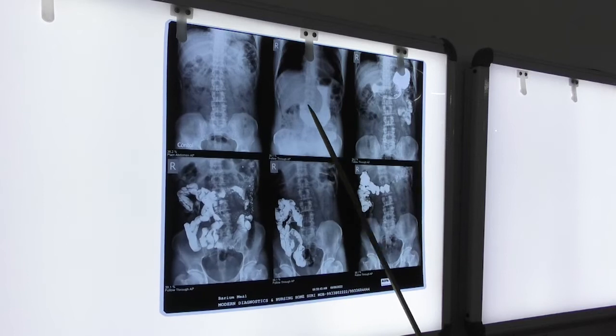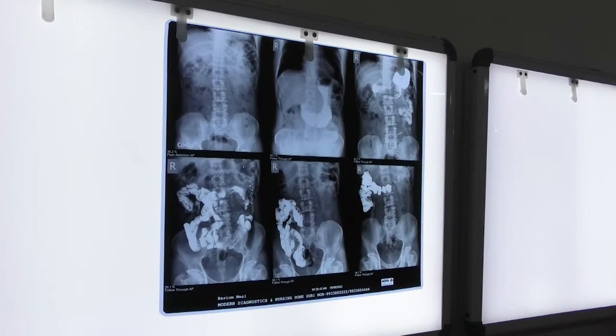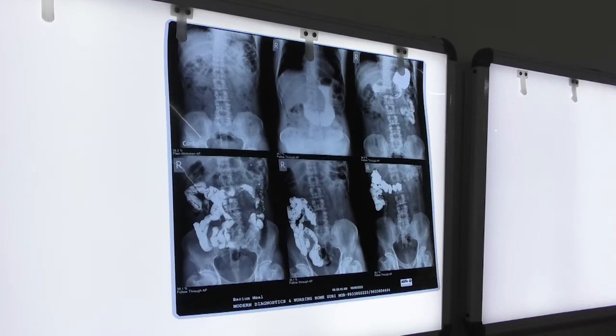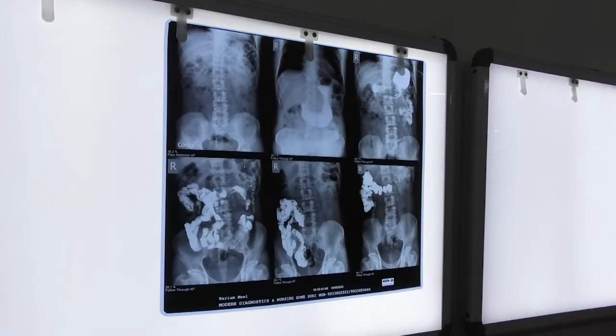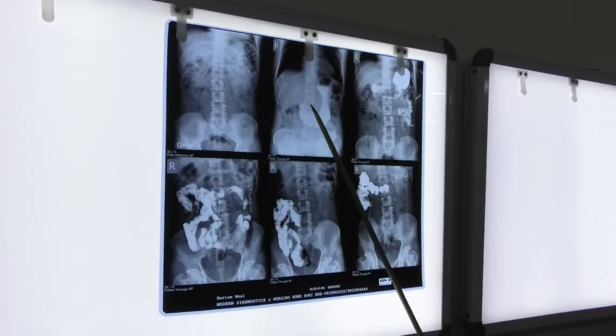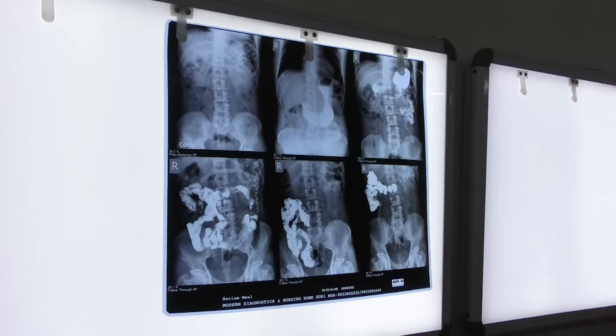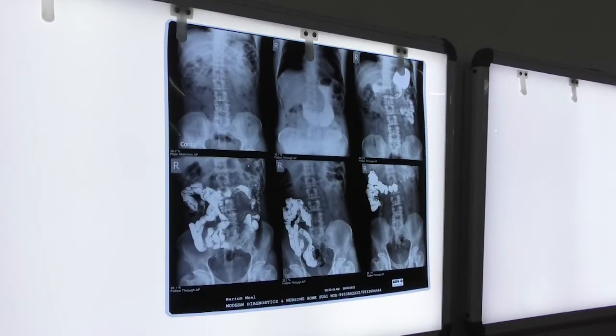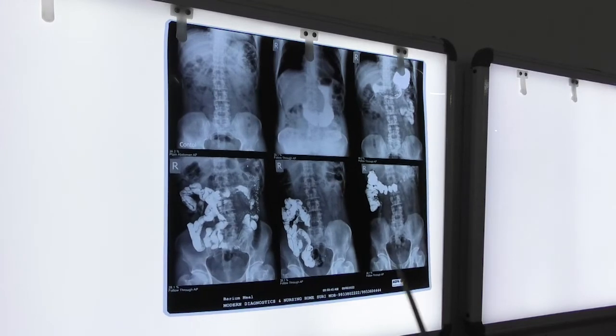In peptic ulceration, and also in malignant change in the duodenum, this regular shadow gets distorted.